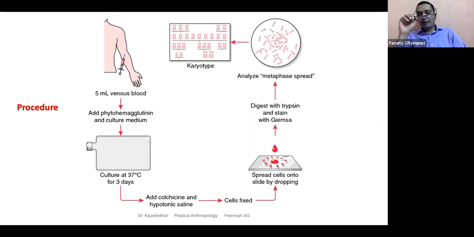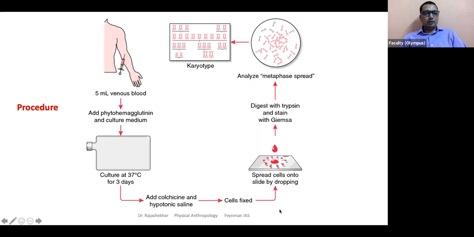So a brief idea is needed here. A suitable sample is taken to begin with, like blood, amniotic fluid, or chorionic villi sampling. They are the good samples, depending on what you're trying to do. Then you add a stimulant to start cell division, grow cells, and add a metaphase inhibitor, something like colchicine, to inhibit the cell division process at metaphase.